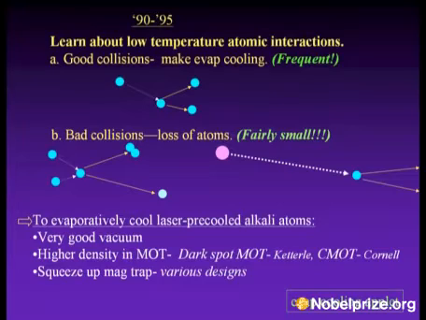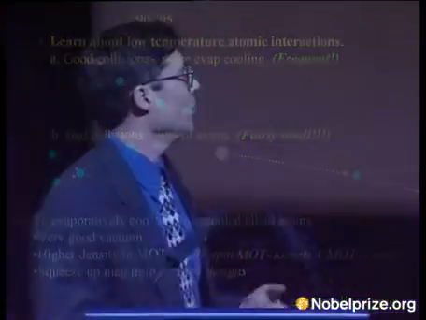At the time we started, the size of these processes at these extremely low temperatures was very unknown. And so a lot of it we just had to measure, find out what was important, what wasn't important. And basically it turned out our original hunch was right, that these were very frequent. There were lots of good collisions. The bad collisions weren't too bad.